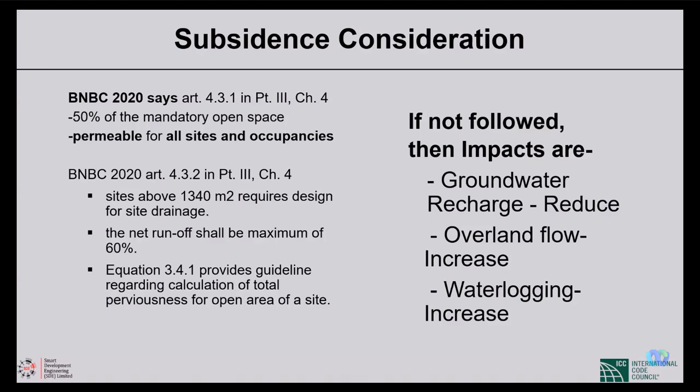If we do not follow this 50% law, this 50% open space, it is not only that groundwater depletion will happen, which ultimately goes to subsidence, but it also increases overland flow. That means more flooding too.